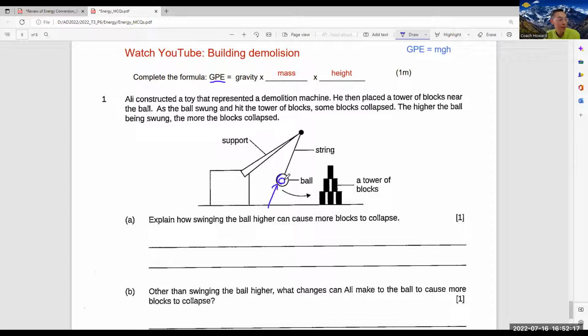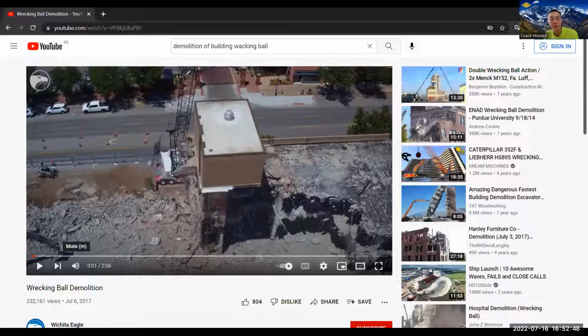It must be quite heavy and quite solid, usually made of fully iron or very tough rocks, swung against an old building to demolish it, instead of sending the workers to chip off pieces by pieces. So I show you this video clip on this whacking ball demolition. I will play it now.